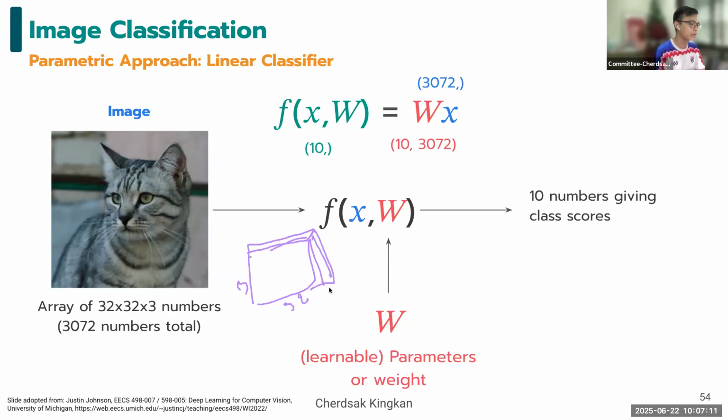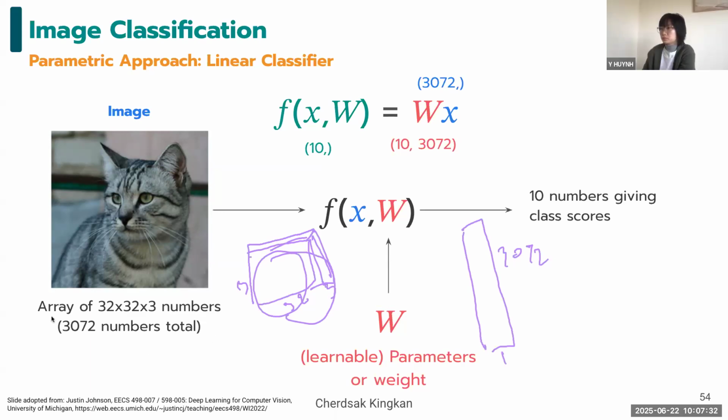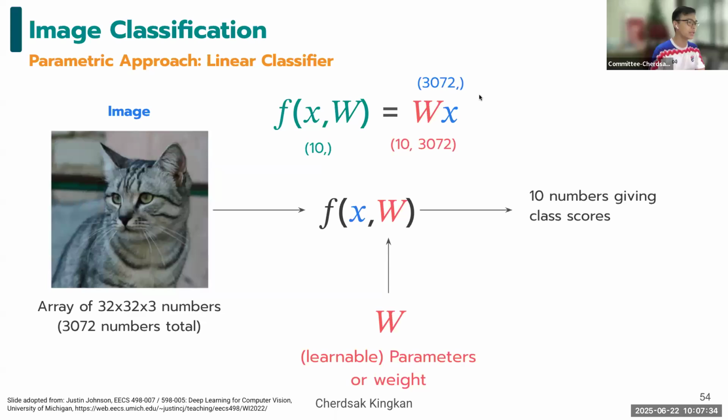So we stretch it out as a vector of 3072 by 1. Instead of looking at it as a cube, we spread it out as a column vector. That's why we get a feature vector of 3072 pixels.